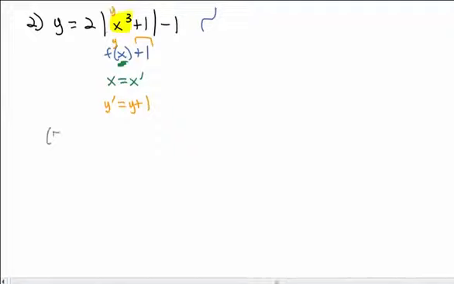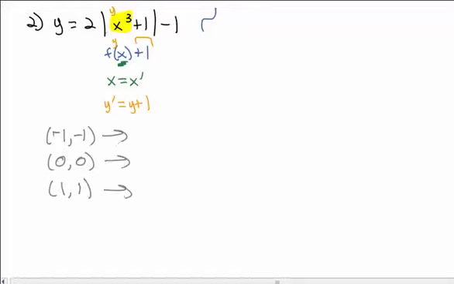So the key points are -1, -1, 0, 0, and 1, 1. The x's, we said, were all going to stay the same, so -1, 0, and 1. The y's, we're going to add 1 to them. -1 plus 1 is 0, 0 plus 1 is 1, 1 plus 1 is 2.